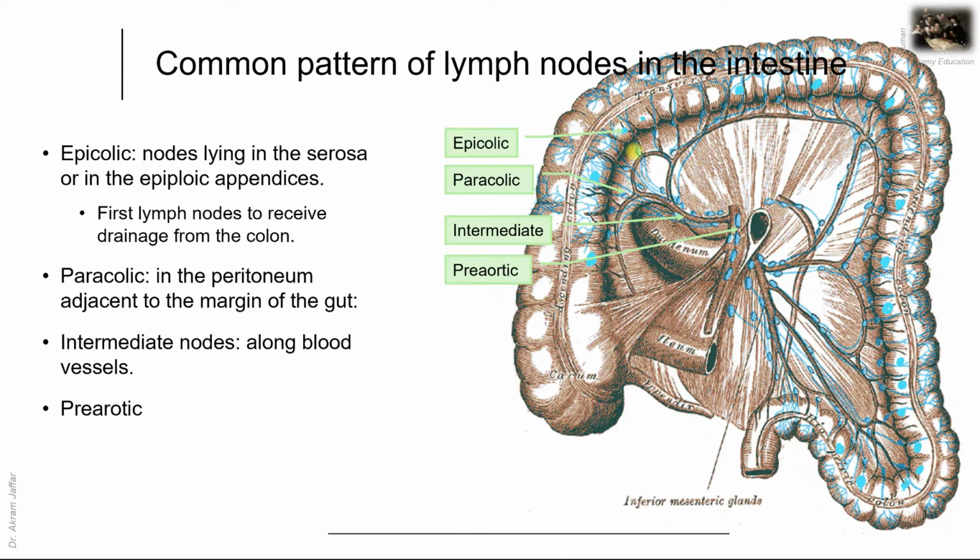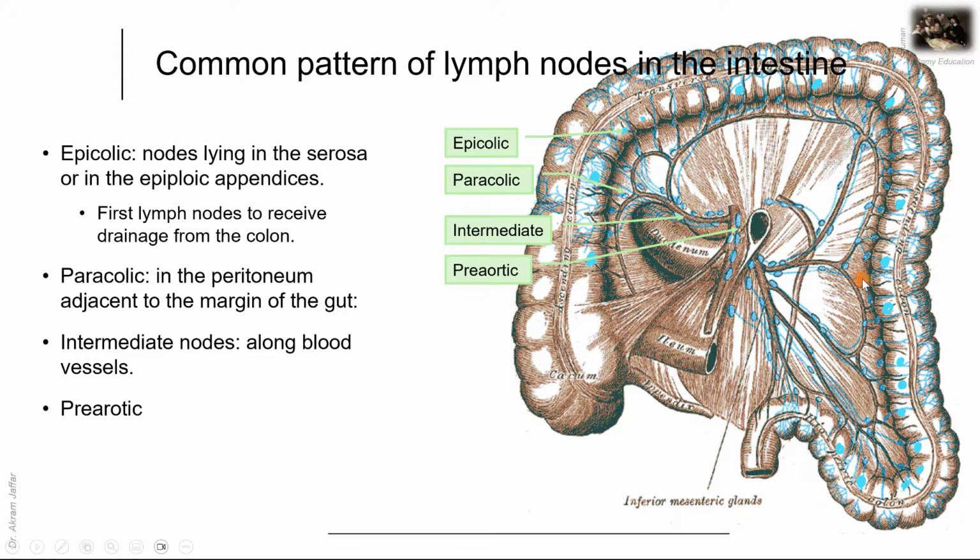Now, from the epicolic to the para-colic lymph nodes here, these are located in the peritoneum that is adjacent to the margin of the gut. And then from that to the intermediate nodes that are located along the blood vessels, which are branches of the superior or inferior mesenteric artery. For example, this would be the middle colic artery.